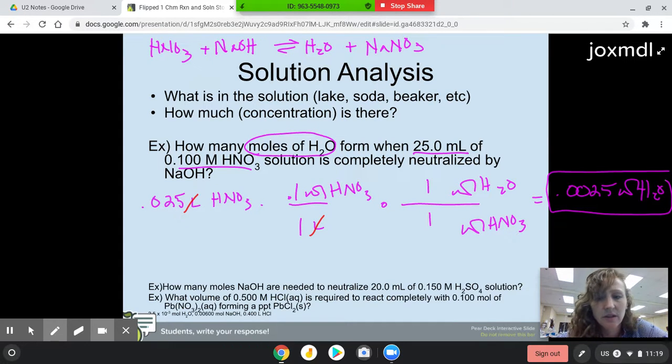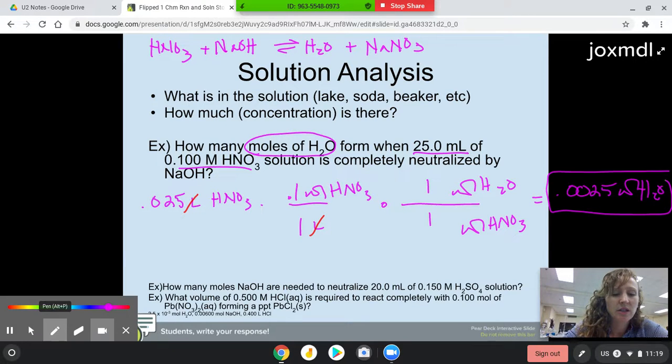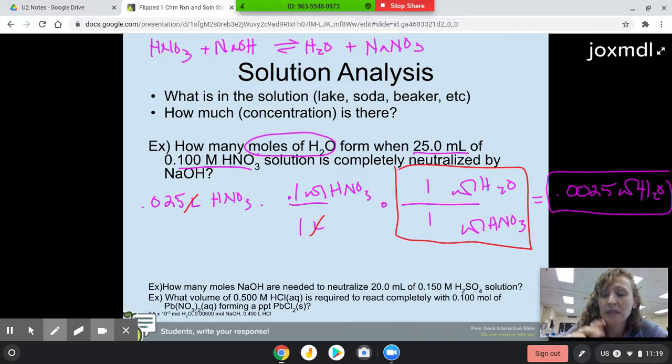I had a question about what's in the solution. Do we have to balance the equation to figure out what's in the solution, or can you just guess by the charges? You should balance the equation if you need to go between two different molecules. For example, if we have to go between nitric acid and water, because we're changing molecules, you should write out the equation and balance it.